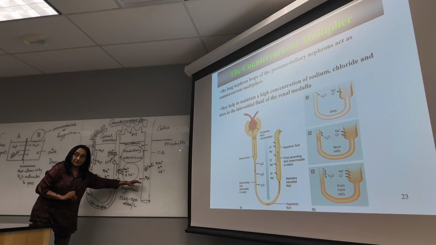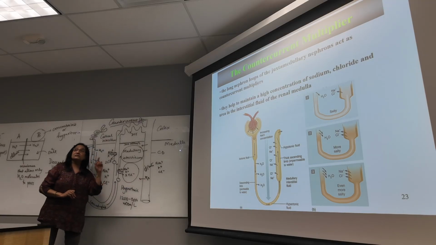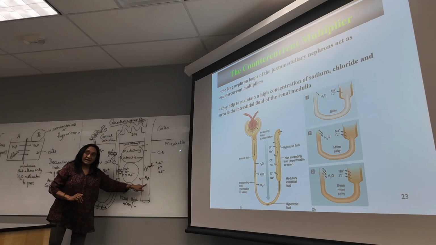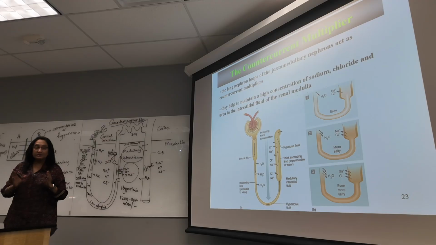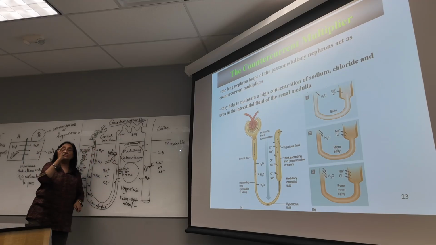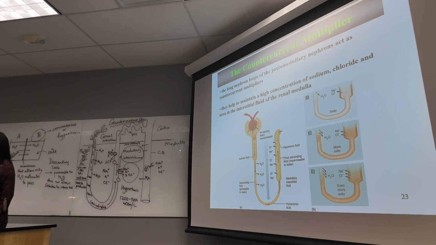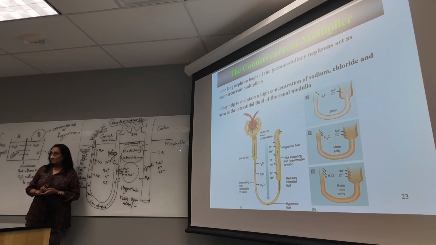If ADH is present, water can be easily pulled out because this side is dilute, outside is hypertonic. So water can be easily drawn out. So the purpose of the loop is just to make the medullary interstitium hypertonic. That's it. The loop itself has no main function.